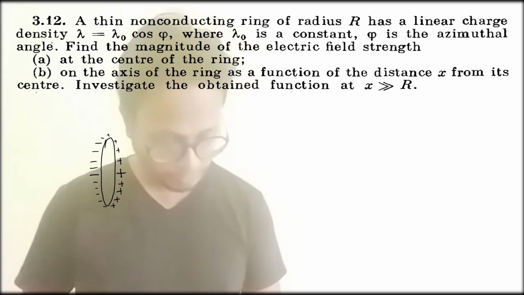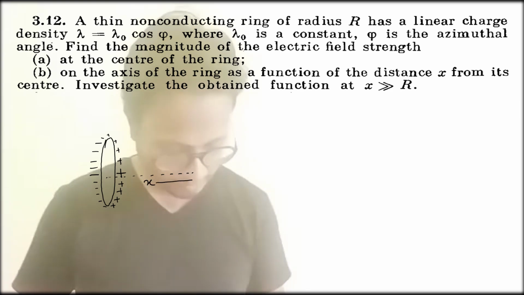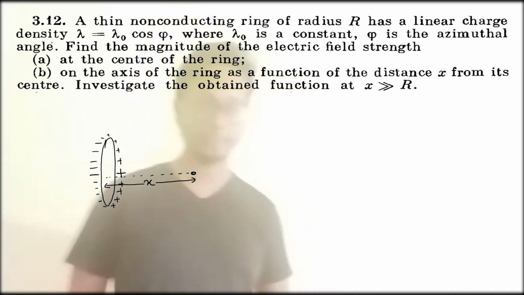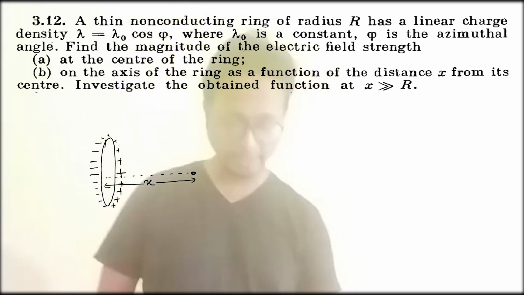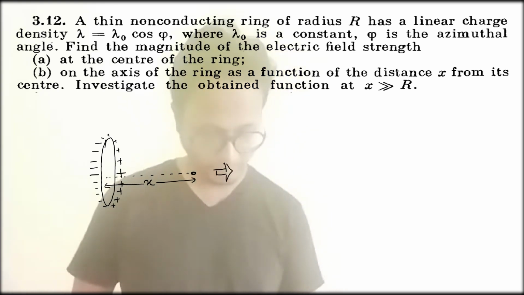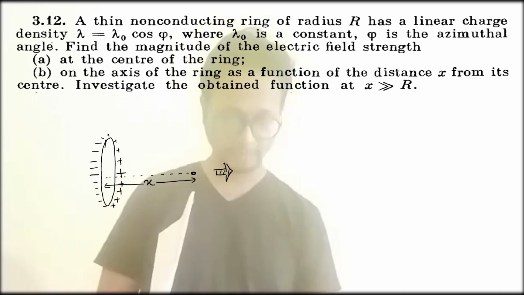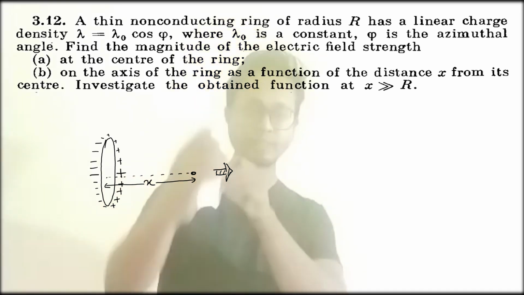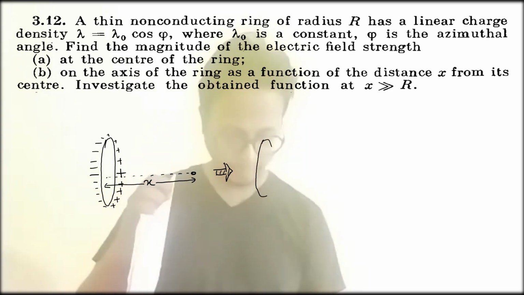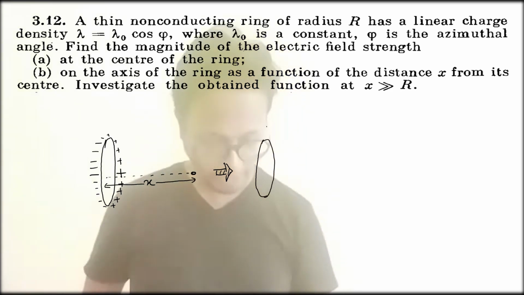The negative charge will slowly decrease and the positive charge would slowly increase. The second part of the question is asking, at point X from the center of the ring, find out the electric field at this point. Understood? So I'm just rotating this ring a little bit upward. The entire ring was in this plane. I'm rotating it such that the maximum of positive charge comes out here and the maximum of negative charge comes out here.